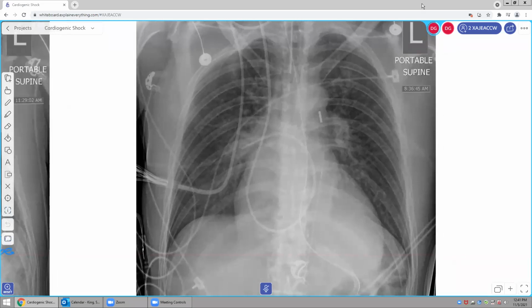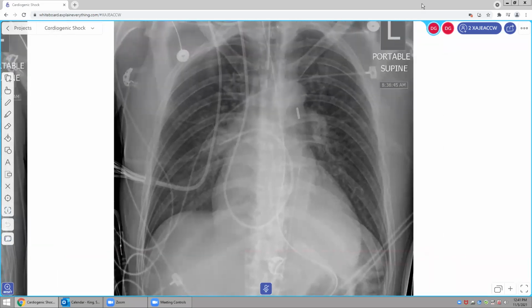And then just for teaching purposes, here is a subsequent chest X-ray, but this is what the balloon pump looks like when it is deflated during systole. You can't see the balloon there fully.